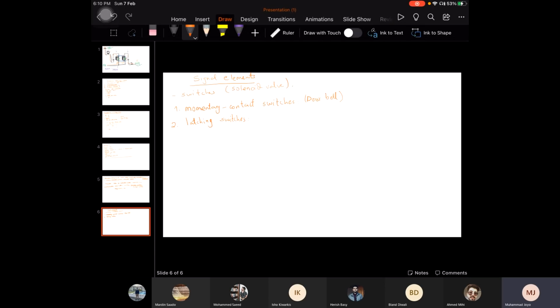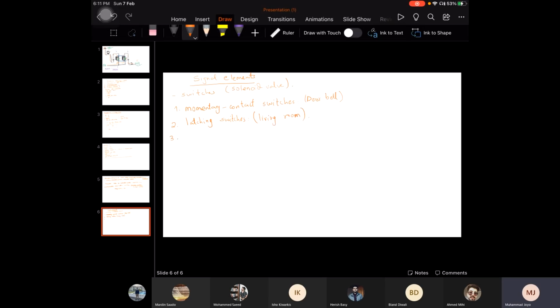So I hope you understand the concept of latching switches. I'll just write over here for your example that a switch is installed in your living room.